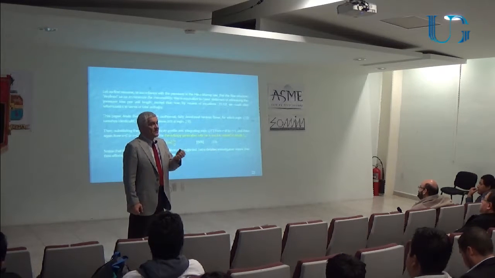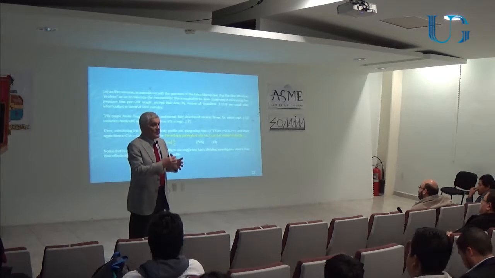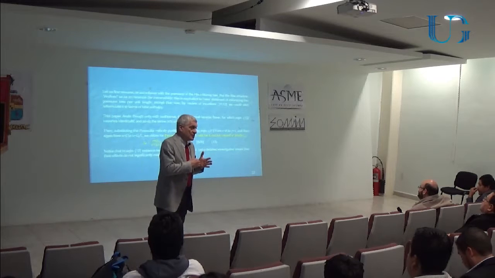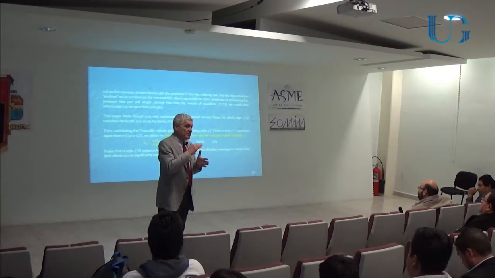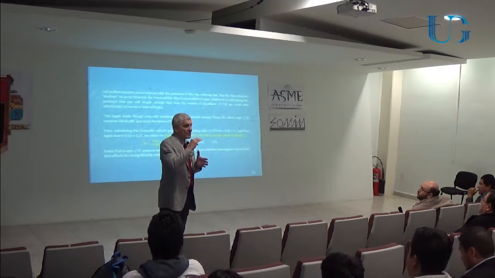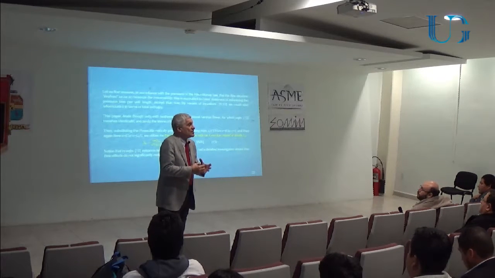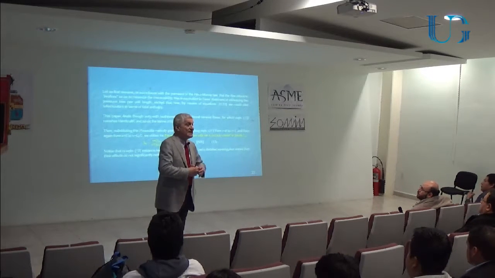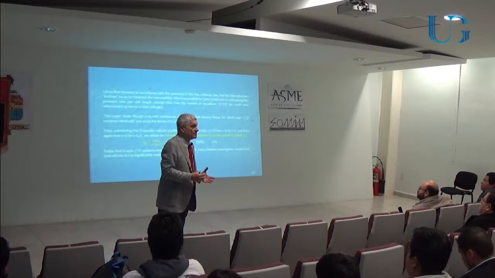What is the most efficient tissue? The tissue that delivers the highest flow rate with the minimum delta S. Okay? Minimum irreversibility per liter or kilogram of blood delivered to the body.